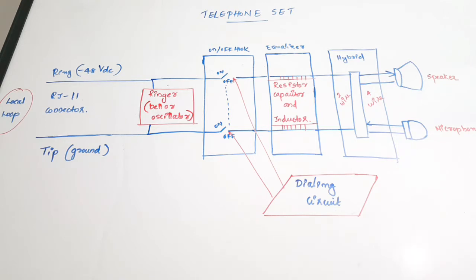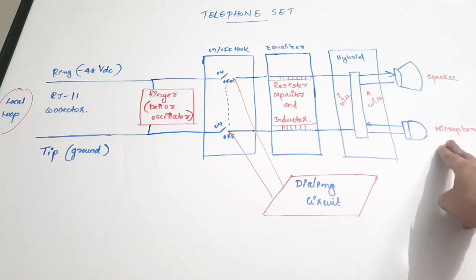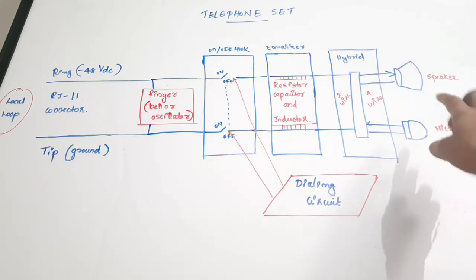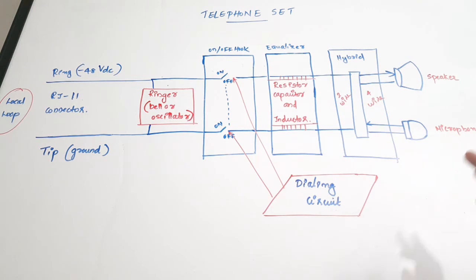And the microphone helps the user, or the receiver of the call, to speak. Speaking is done with the help of the microphone and hearing is done with the help of the speaker. Very simple purpose. Both the speaker and the microphone are actually present in the handset of the telephone set.